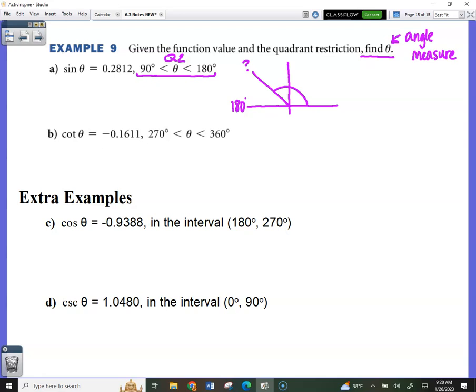Now this decimal is so ugly, this means I'm not dealing with my nice 30, 60, 45 angles. I'm dealing with these random angles in there. That means you're using the trig button. So go to your calculator. What do I have to hit before I push sine to tell the calculator I'm looking for an angle? You got to hit second. So you're going to type in your calculator second sine, and then you're going to enter that decimal.